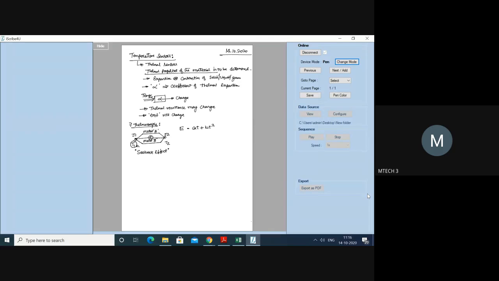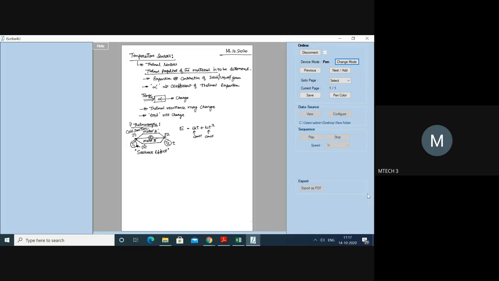It is generally kept at 0 degrees Celsius; we call this the cold junction. So T1 is kept at 0, and T2 we call T. T is the temperature of the junction. E is the EMF, and A and B are constants.